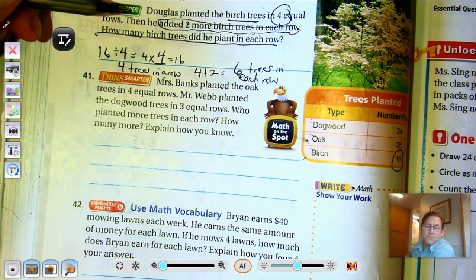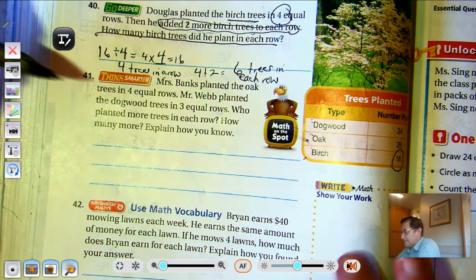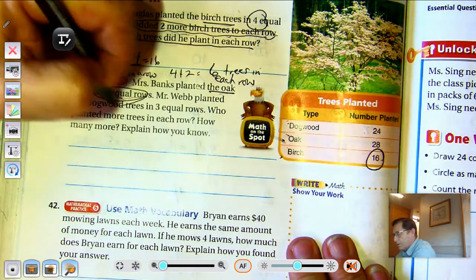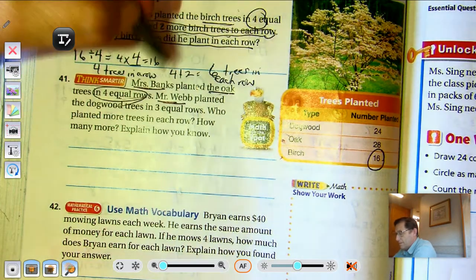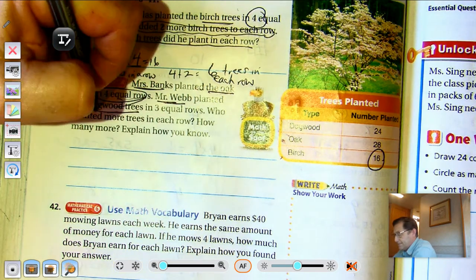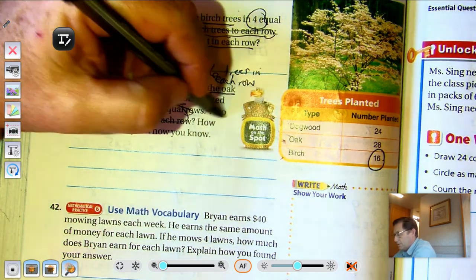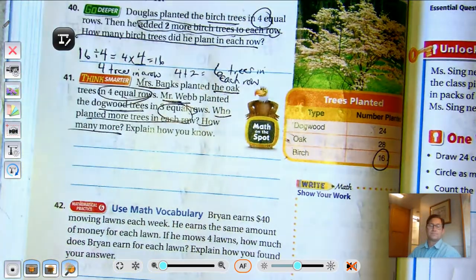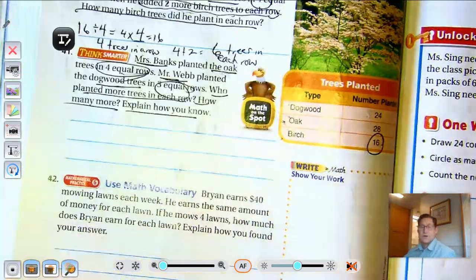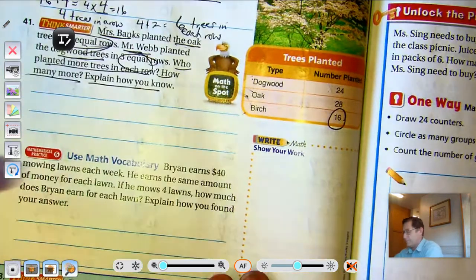41. Mrs. Banks planted the oak trees in 4 equal rows. Mr. Webb planted dogwood trees in 3 equal rows. Who planted more trees in each row and how many more? Explain how you know. All right, so dogwood. Well, let's see.